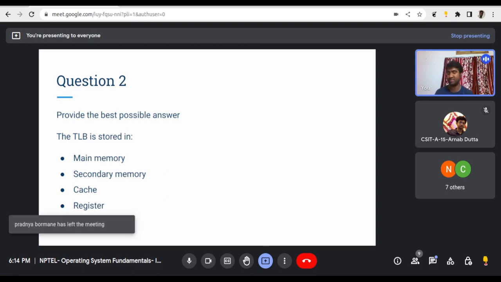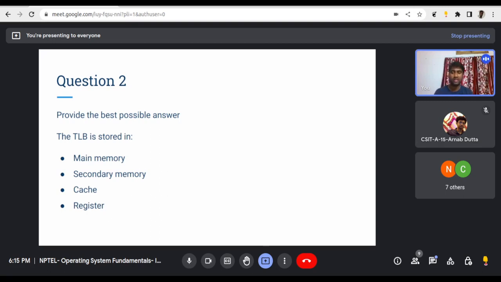Although the main memory is faster than other forms of memory like the secondary memory, accessing it still requires more time. And accessing it for a single page table entry makes little sense, since we are not even bringing in the actual data that we require. Just to get the mapping, we are accessing the main memory.